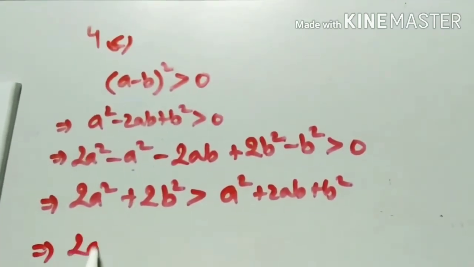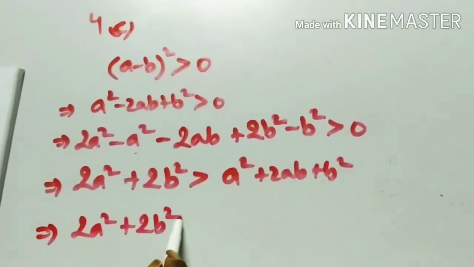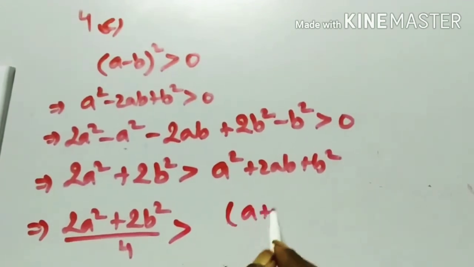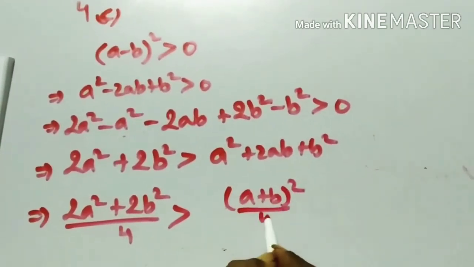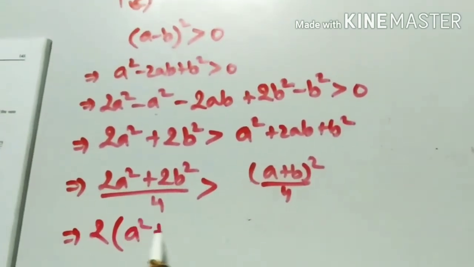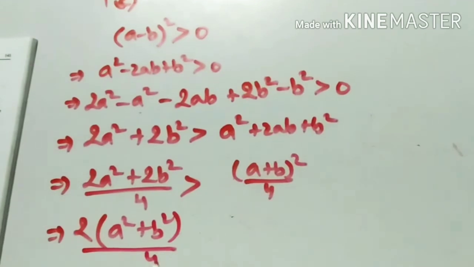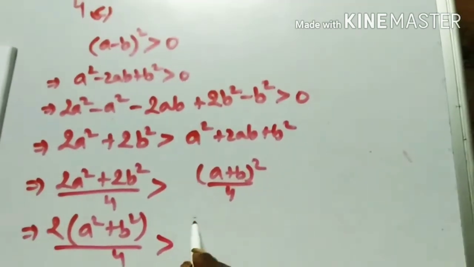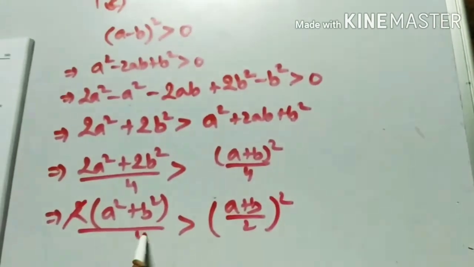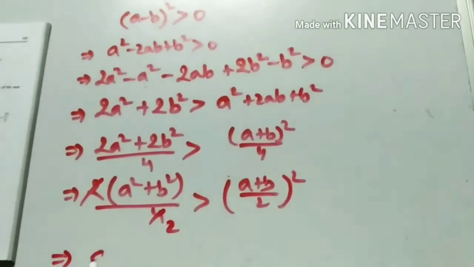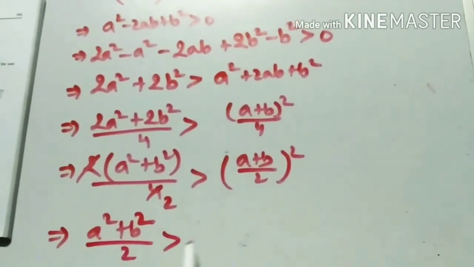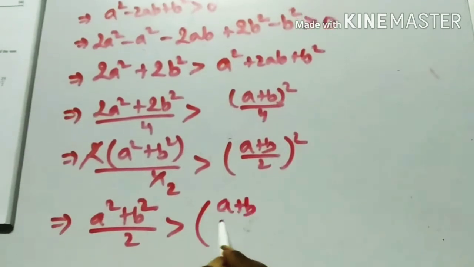So (2a² + 2b²)/4 is greater than (a + b)²/4. Here, 2 is common, so (a² + b²)/2 is greater than ((a + b)/2)².